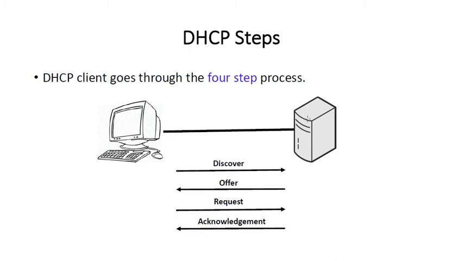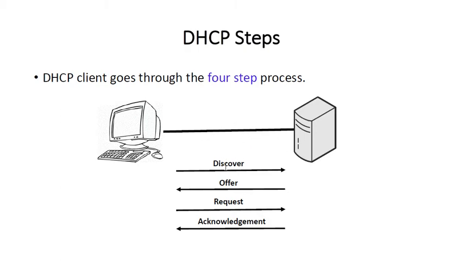It may be in a remote location, or in another building. The network is a collection of several routers, switches, and other devices. That's why the DHCP server provides certain parameters like subnet mask, default gateway, domain name, and DNS server. All of these come under the DHCP server. As you can see, the DHCP client goes through four steps when connected with the server. What are those four handshakes?